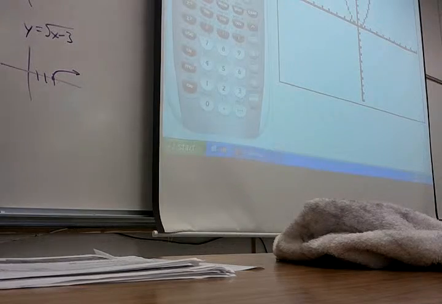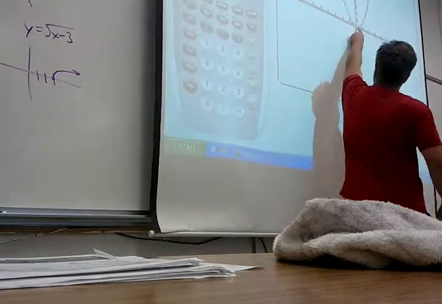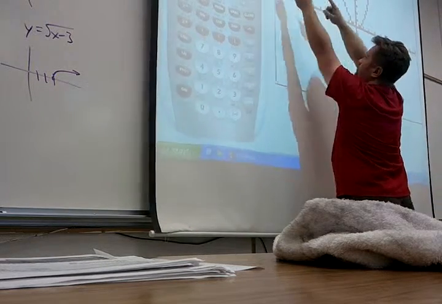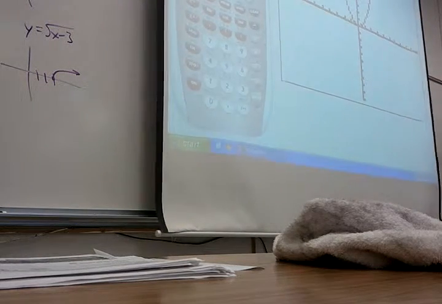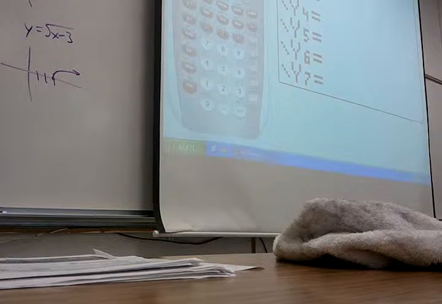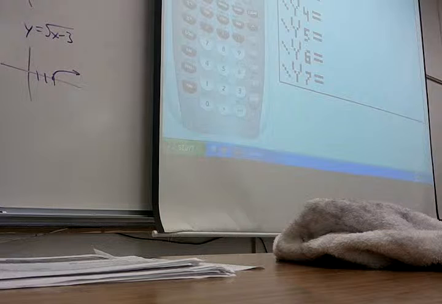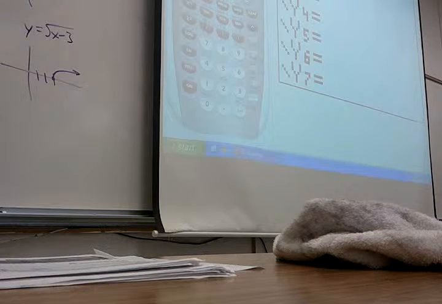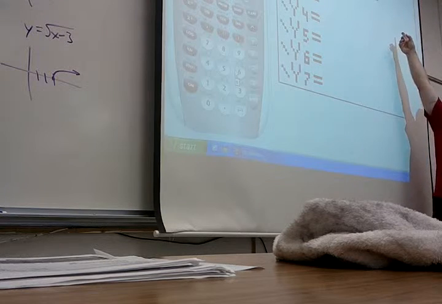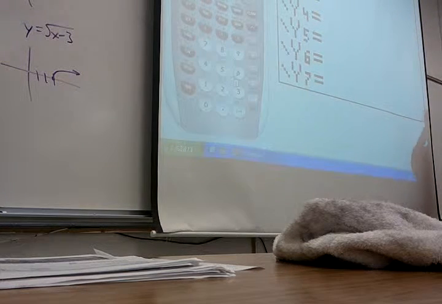Okay, so if I wanted to make this parabola sit on -4, what would I have to do to the equation? I'm not doing square roots, I'm doing parabolas. So it would be x plus 4 squared. Do you see how the plus 4, if it was outside, if it was x squared plus 4, it would move up or down?